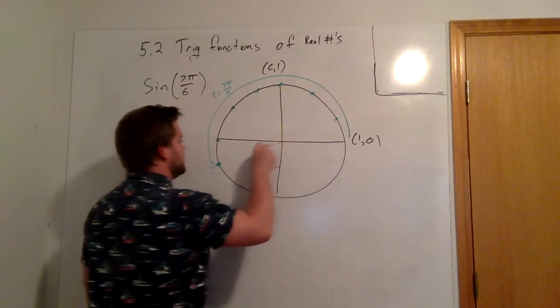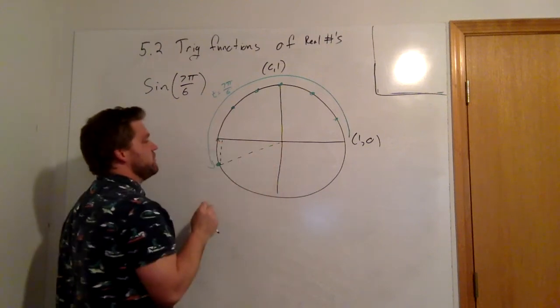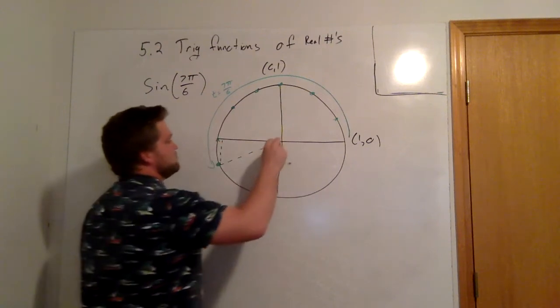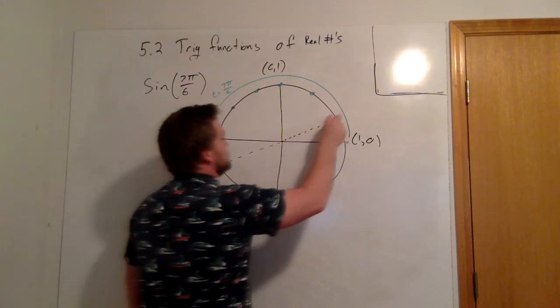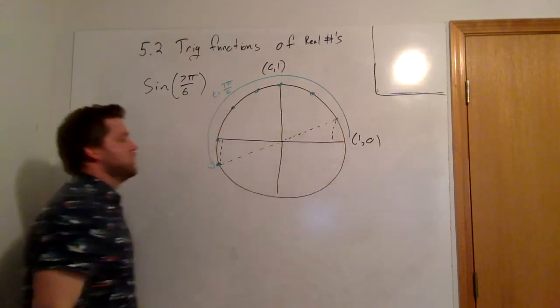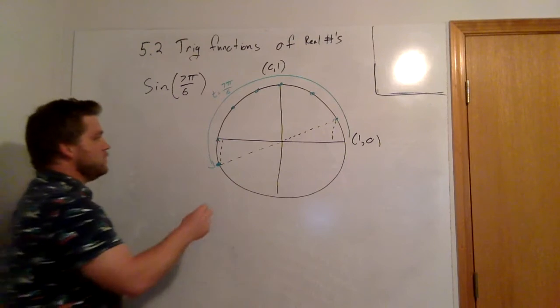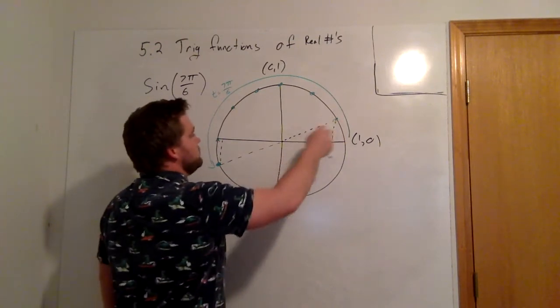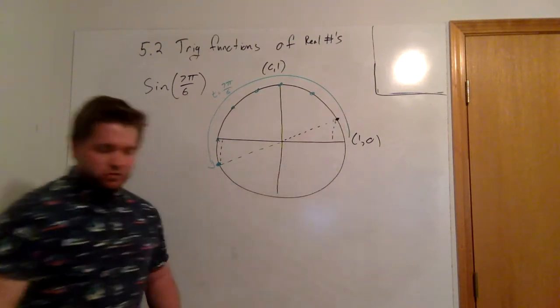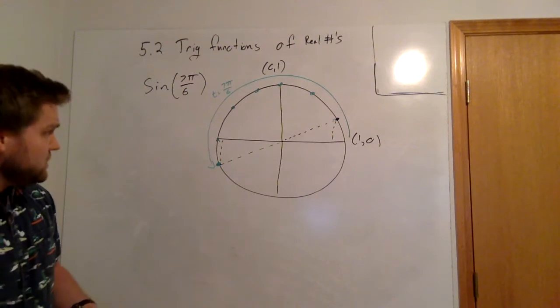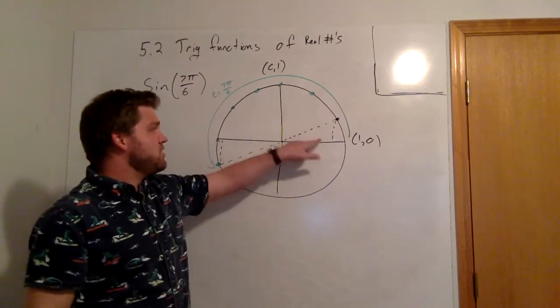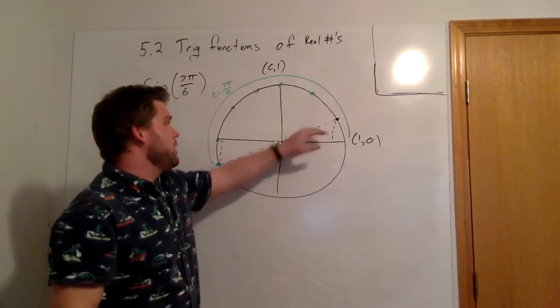So let's think about this triangle that's created right here. This will be the same triangle as this one here in the first quadrant. So let's figure out what the x and y coordinates would be for this point on the unit circle, and we'll just use our hand. If I put my hand up, our reference number here would be what? Pi over 6.